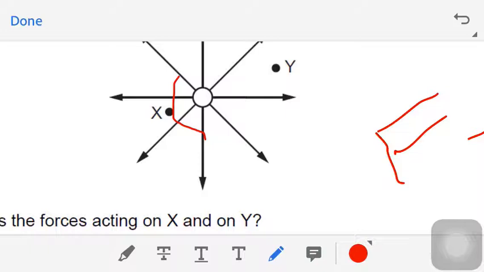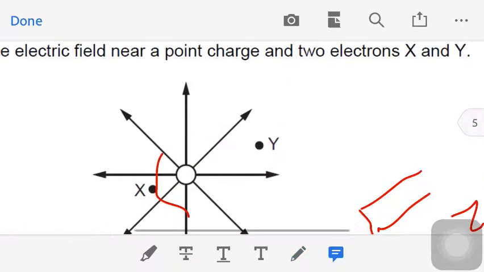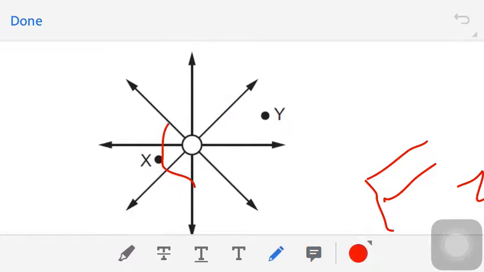If I draw an arc of the same length here, only one line is cutting through, whereas here 4 lines are cutting through, and the lines are denser.